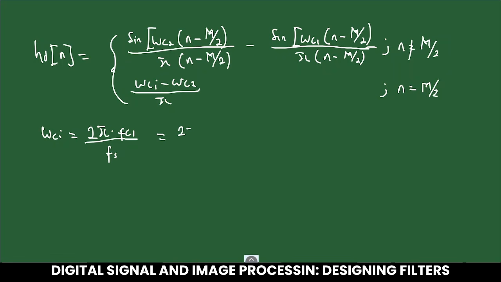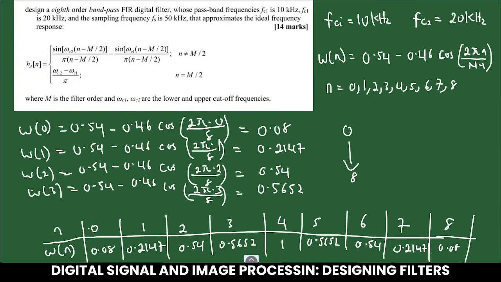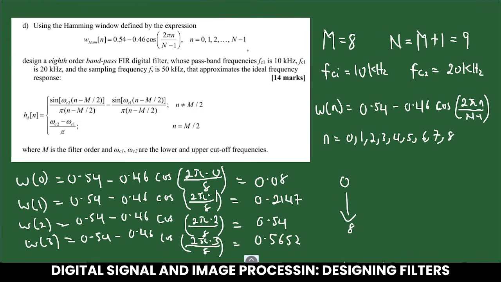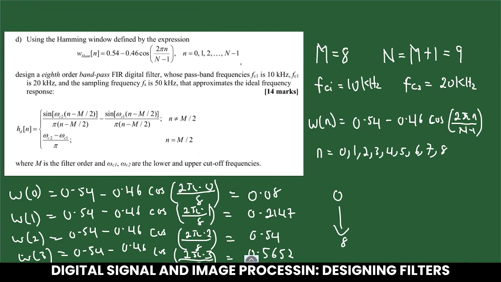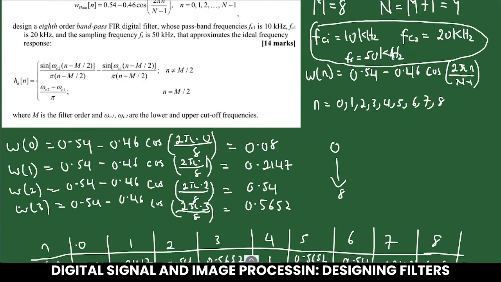But I think the sampling frequency was given in the question, because I didn't write it here. Yes, it was given as 50 kilohertz. So let's write down here 50 kilohertz. These are the values we are going to use to calculate the cutoff frequency. So let's go back.